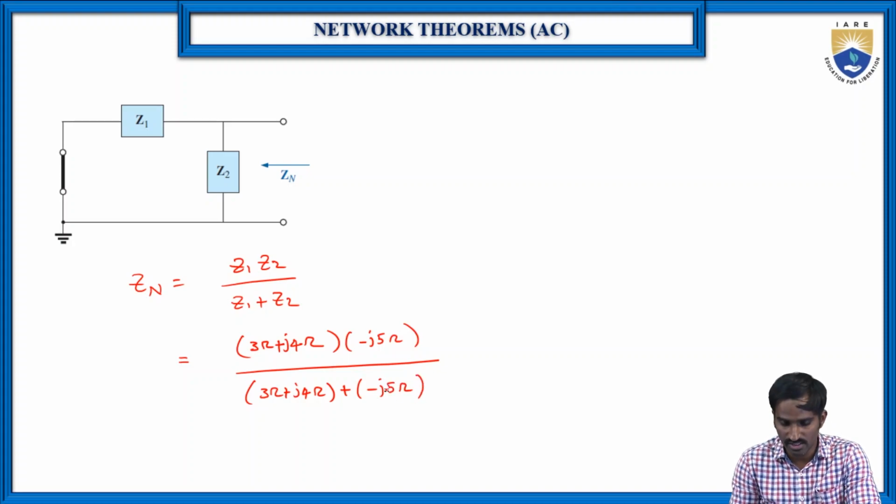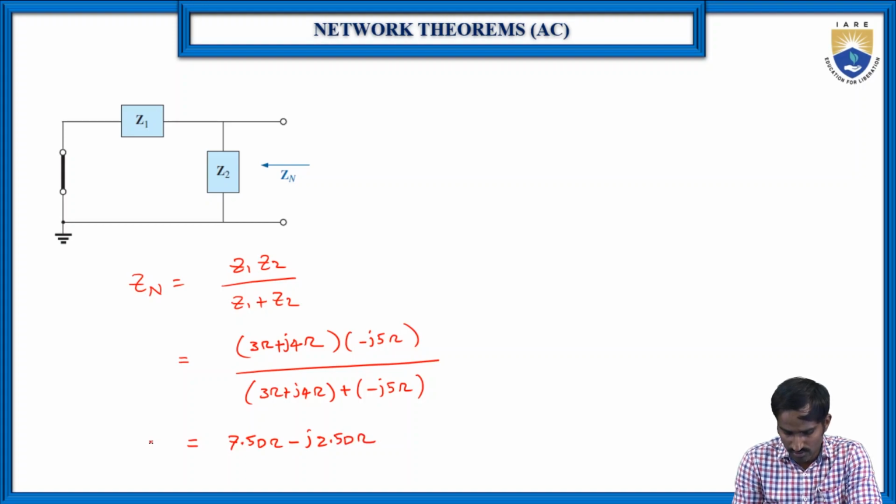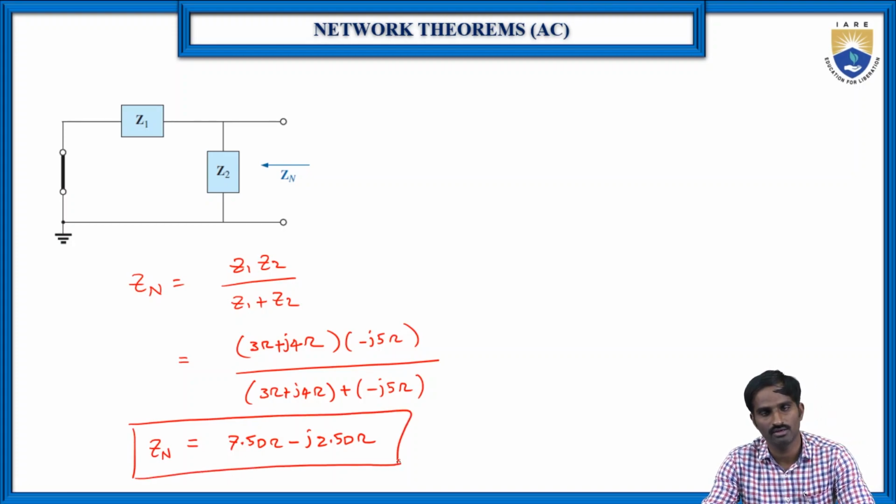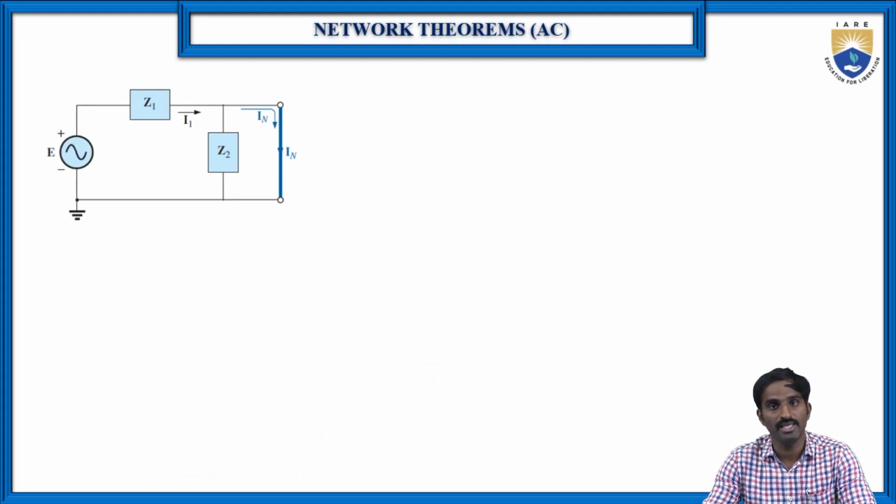If you simplify this, you will get the ZN value as 7.50 ohms minus J2.50 ohms. This is the equivalent Norton's impedance, ZN. Now we need to find the IN value.